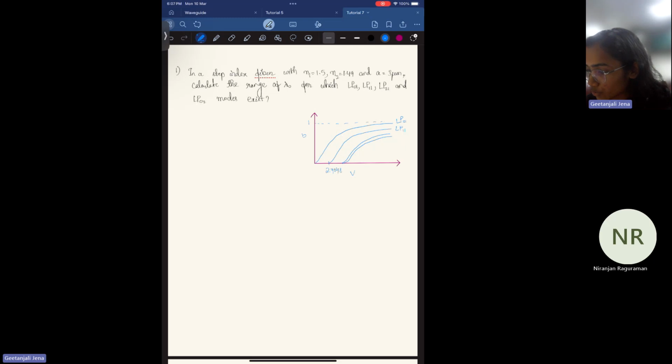These two modes have the same cutoff, which is around 3.8317. And the question is asking about the value of lambda 0 for which these modes exist, right? So how do you get the cutoff condition?